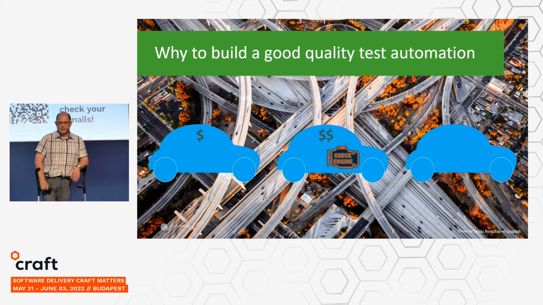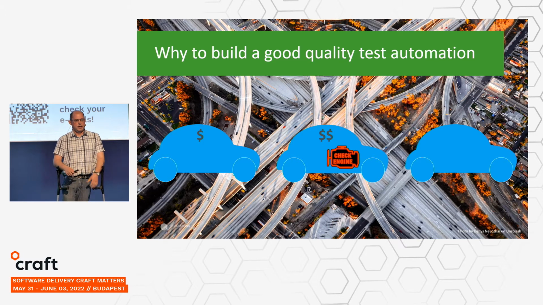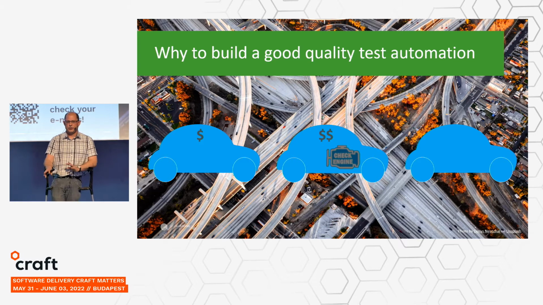The middle one is a little bit more expensive. It has an engine control. However, this engine control is sometimes lighting up if there is no problem with the engine, and sometimes it's remaining unsignaled even though the engine is wrong. So it's an unreliable controlling system.